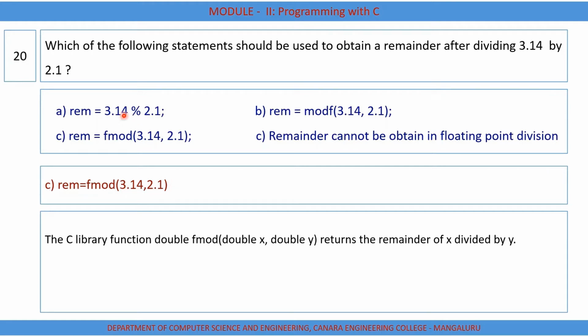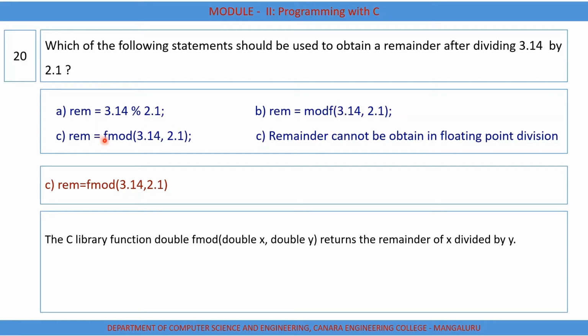Now the first option here, 3.14 mod 2.1, will not give you the correct answer. It will give you an error, because the modulus operator cannot be used with floating point numbers. Whereas remainder equal to mod f 3.14 comma 2.1, this function is not a built-in function, so you will get an error.